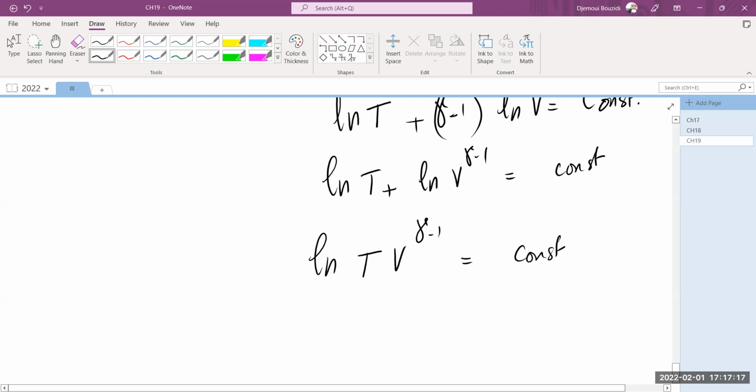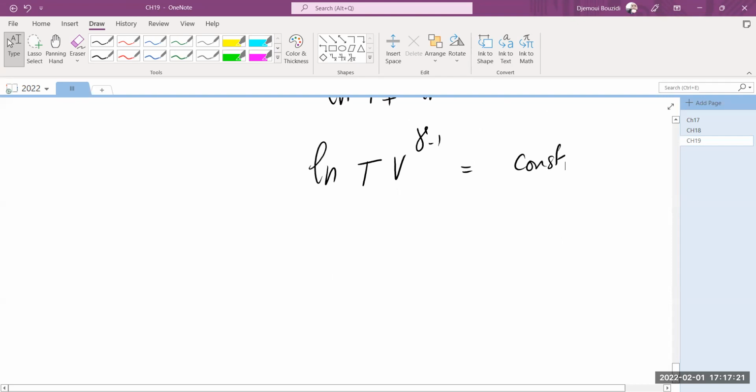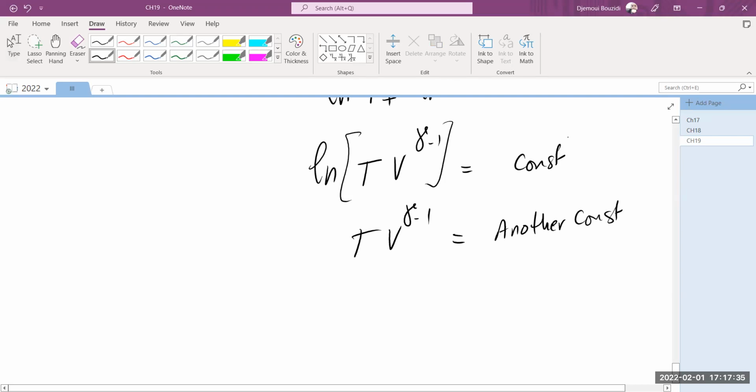We're going to take the exponential of everybody, and the exponential of the ln is just the expression under the argument of the natural log, which is T V to the power gamma minus 1 is equal to the exponential of a constant, which is another constant. Exponential of 12 is some big number, okay? So whatever that number is, it's just another constant, okay?